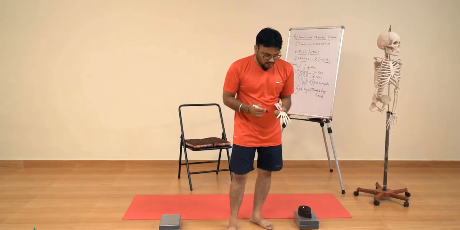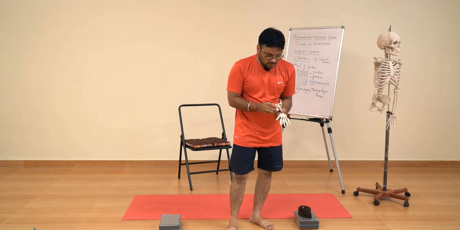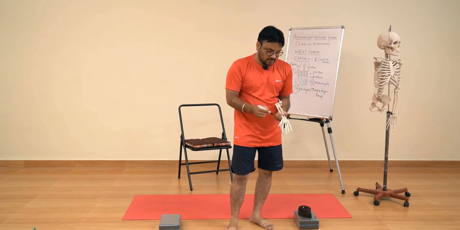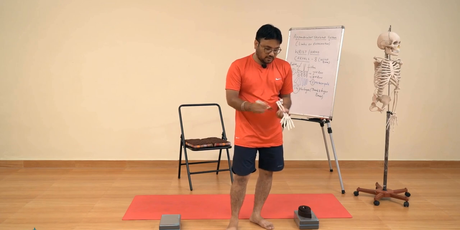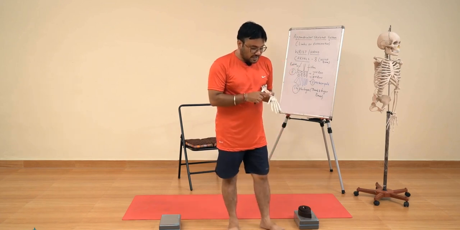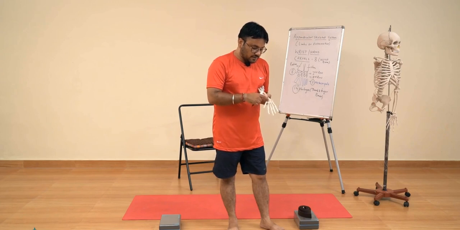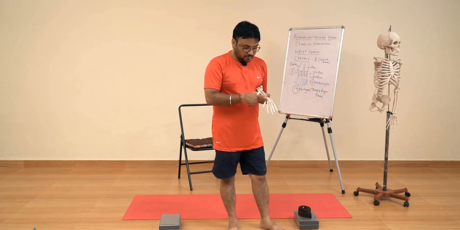If you look at these bones now, 1, 2, 3, 4, 5, 6, 7, 8. So 4 bones in one row and 4 bones in another row. This is your carpals, 8 carpals, wrist bones.